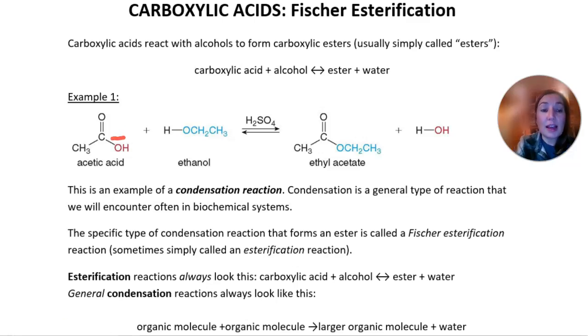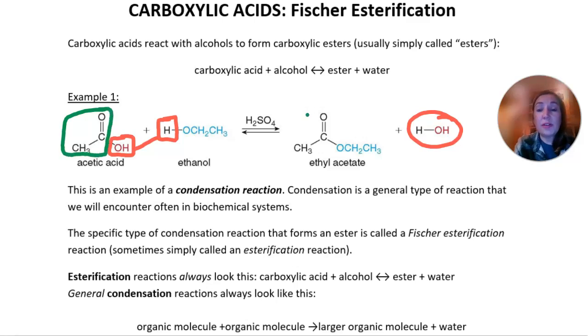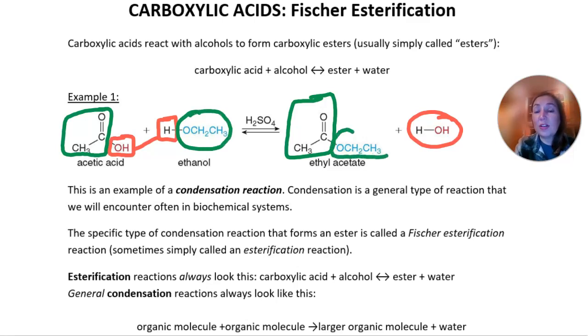Basically, our carboxylic acid OH got together with our alcohol hydrogen to form our water. Then if we look at acetic acid, the CH3C double bond O came over to be the CH3C double bond O of the ester, and the OCH2CH3 of the alcohol became the side chain, put together there from ethanol to make ethyl acetate.